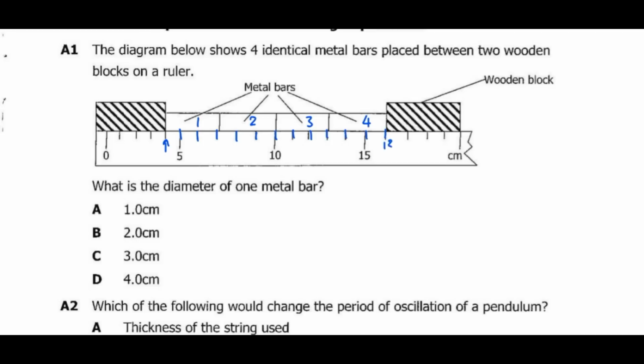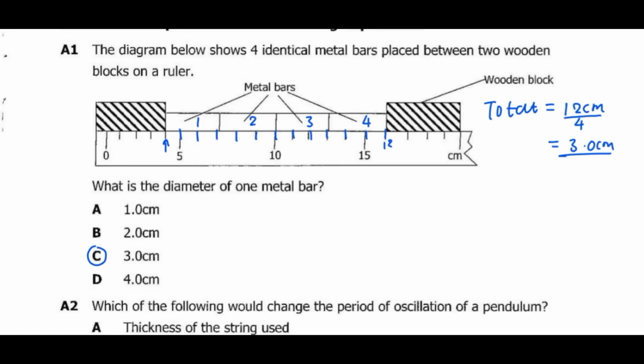So we can see that the total distance for these 4 identical metal bars will be equal to 12 centimeters. Now in order to find the diameter of one, we are going to divide by 4. So 4 into 12 will get 3.0 centimeters. So this is the diameter of one metal bar, which is our answer, C.